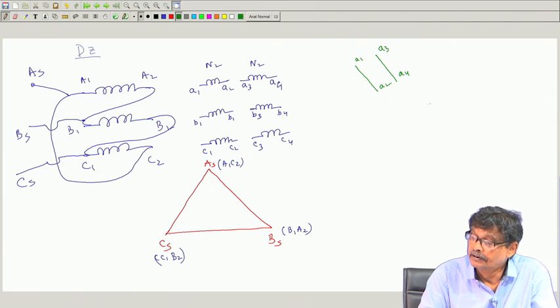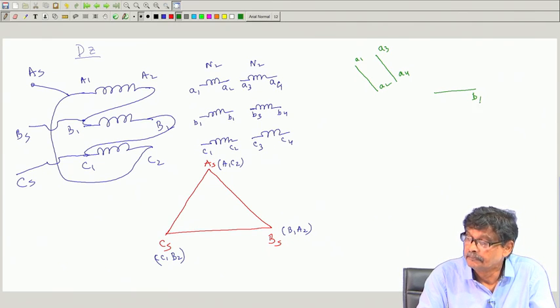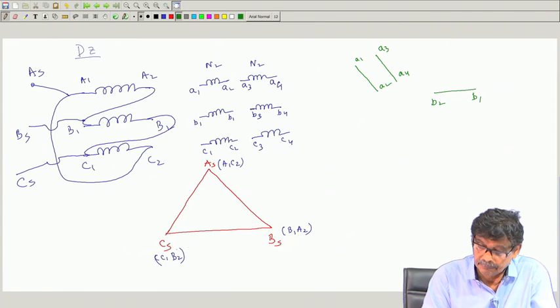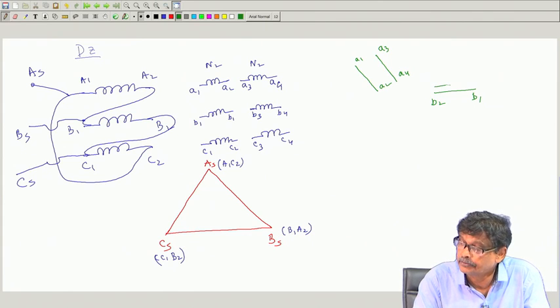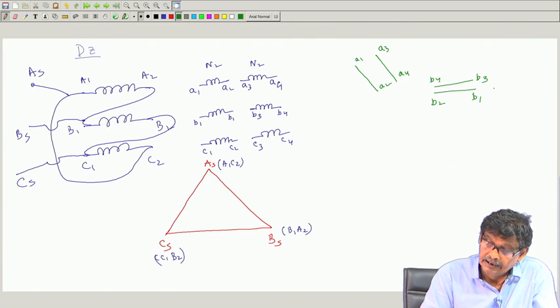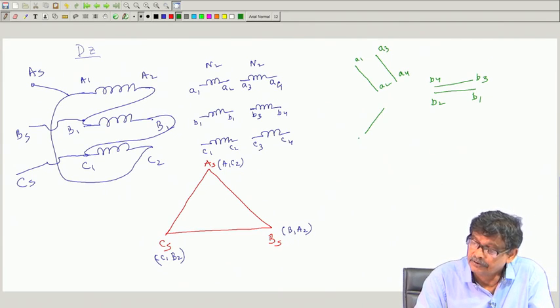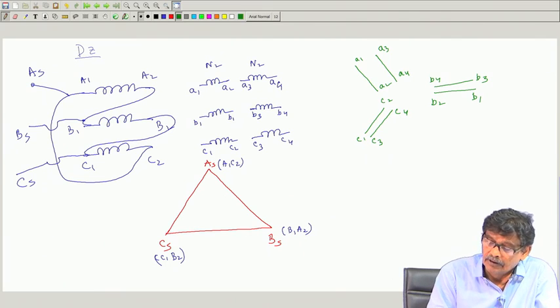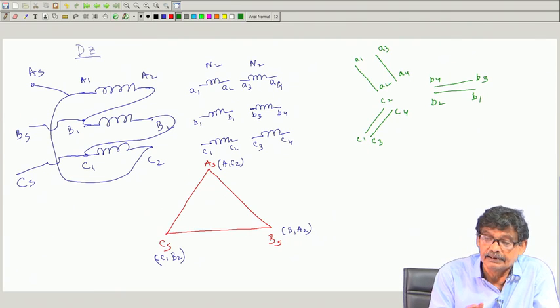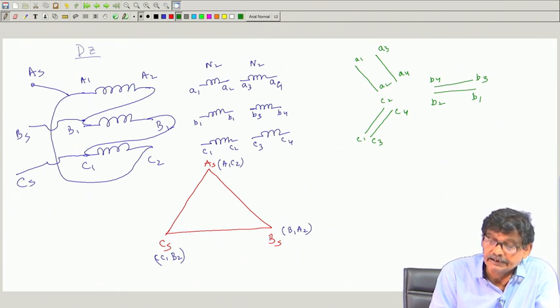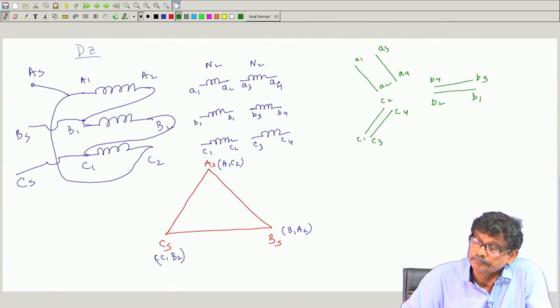Similarly, B1, B2, another voltage is available to play with, B3, B4, and C1, C2, and C3, C4. Now, I want to make some connection, delta on the primary and zigzag on the secondary side.